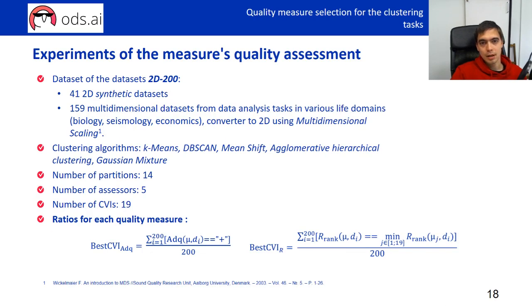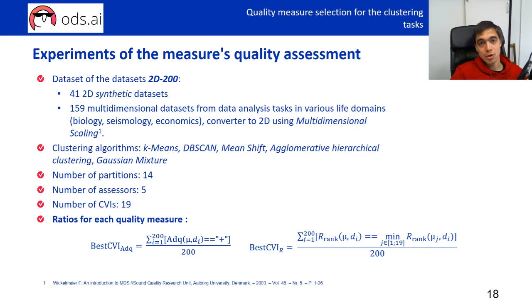Let's analyze the parameters of the experiments to evaluate the quality measures. So what have we done? The experiments were performed on the dataset of datasets 2D2000 that I mentioned before. It consists of 41 two-dimensional synthetic datasets and 159 multidimensional datasets from different domains that were converted to two dimensions using a multidimensional scaling algorithm.